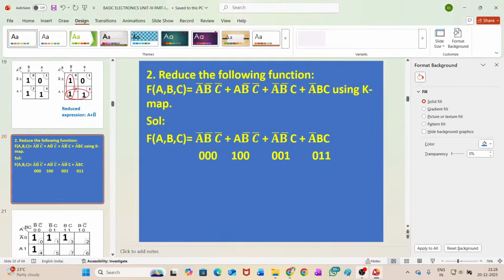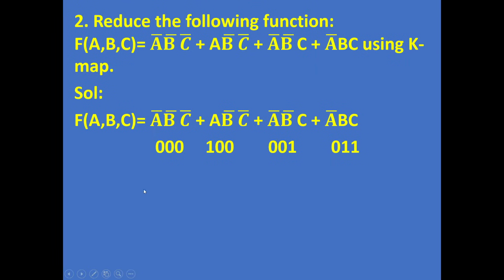Yeah, SOP. So it is SOP form. SOP means what? If bar is there, you must write 0. If bar is not there, you must write 1. Okay, that you have to follow.